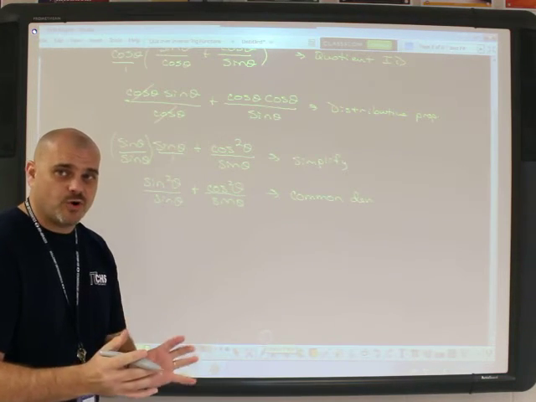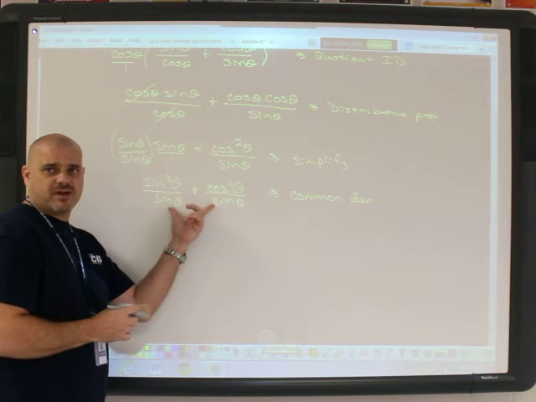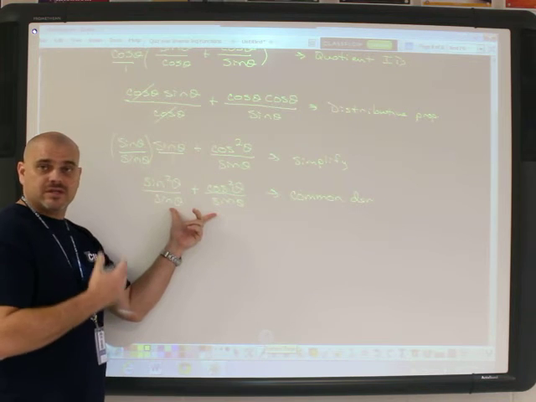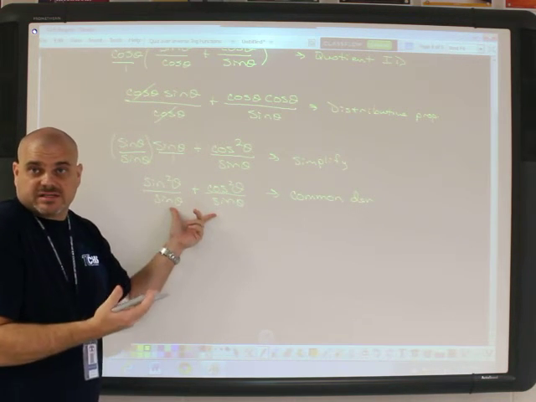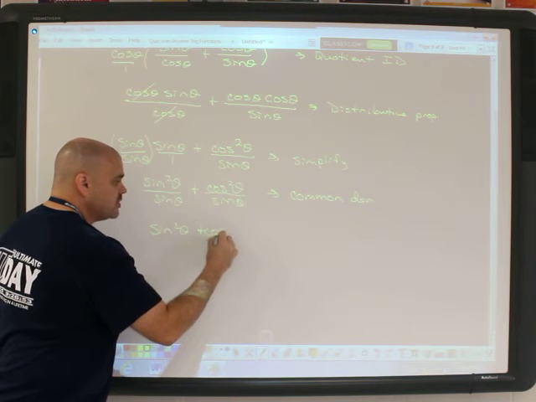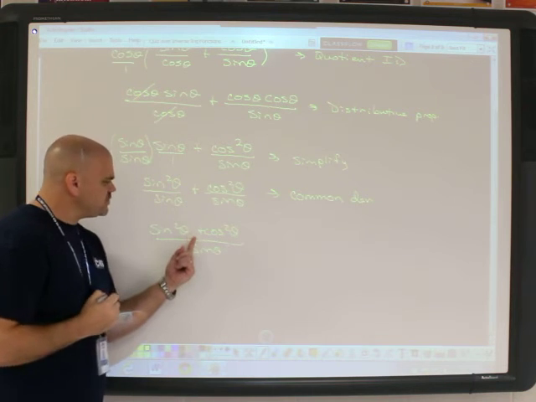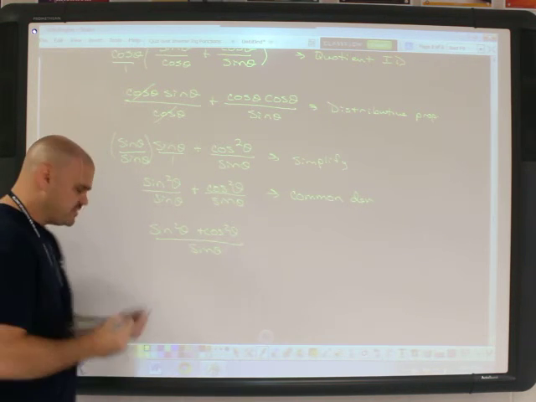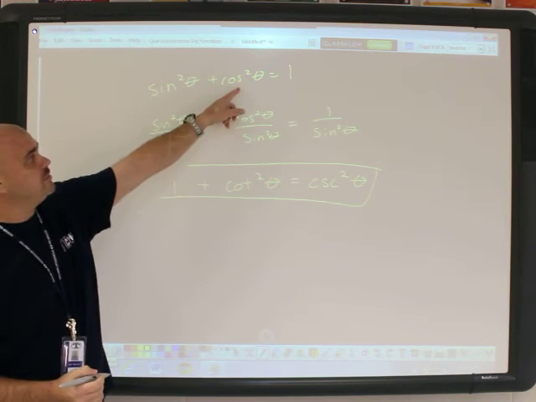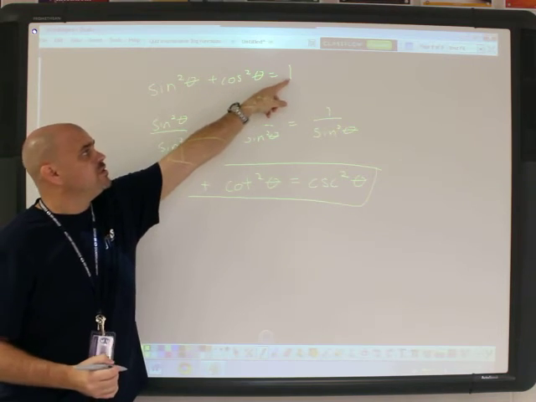So we're getting there, we're almost done. Anytime we have a common denominator, remember the rule is we can add the numerators together and then I'm down to one denominator. So this is sine squared theta plus cosine squared theta all over sine theta. But this looks familiar: sine squared theta plus cosine squared theta. If I back up a couple of slides, we see that sine squared theta plus cosine squared theta is 1.